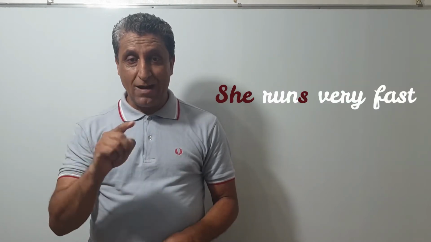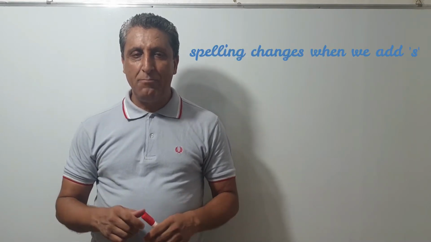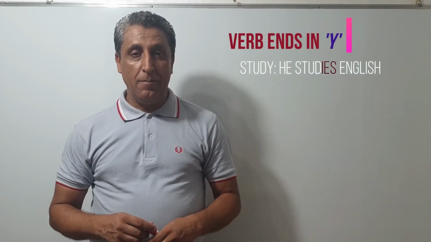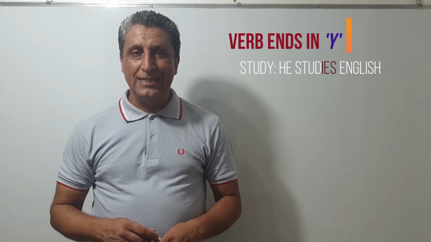But sometimes, before we add an S to the verb in the present simple with he, she, or it, we must take into consideration some spelling changes. Example, if the verb ends in Y, we omit Y and we add IES. Example, study: he studies.